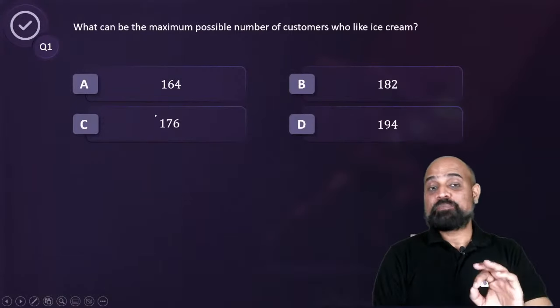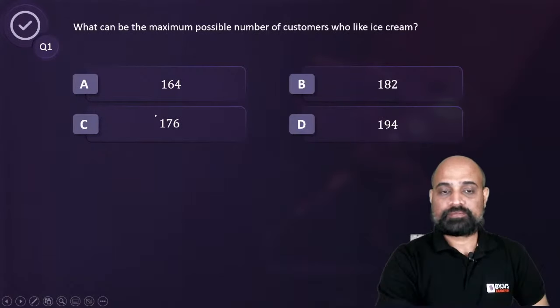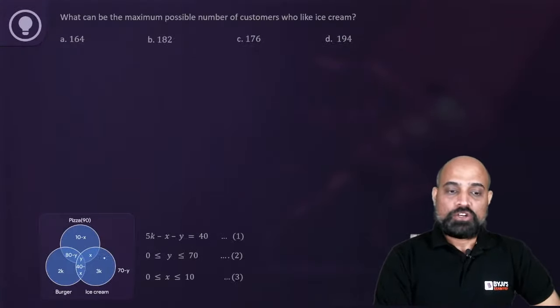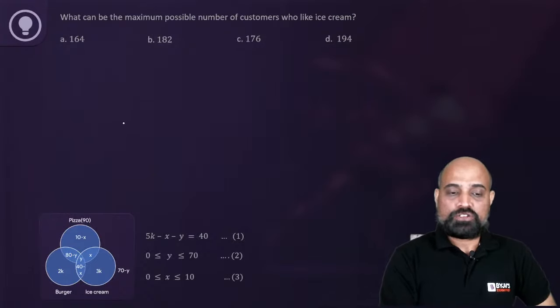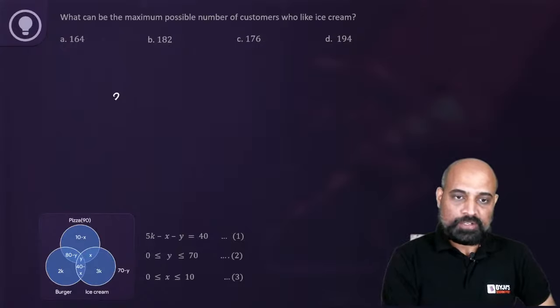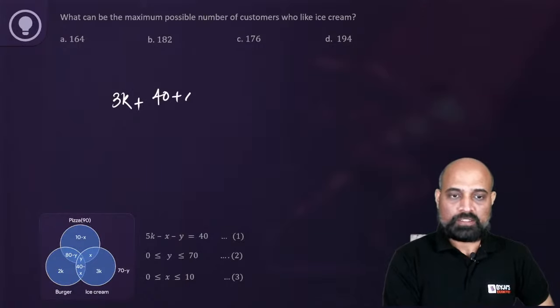What can be the maximum possible number of customers who like ice cream? तो आइसक्रीम लाइक करने वाले मैक्सिमम कितने हो सकते हैं? So we are going to add all these, right? So if we are going to add all these, we will have 3k plus 40 plus y.